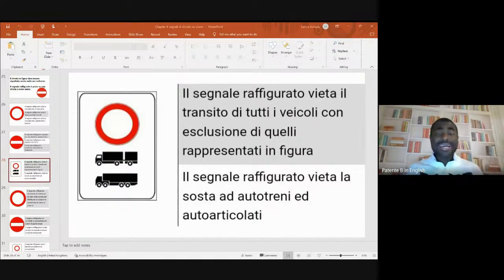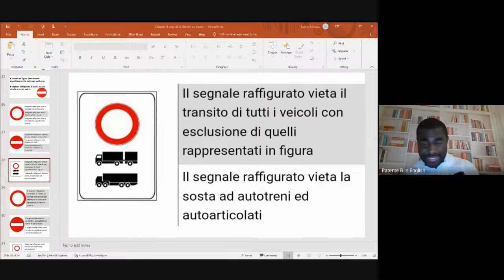Il segnale raffigurato vieta il transito di tutti I veicoli con esclusione di quelli rappresentati in figura, guys, and the answer to the first one is false.